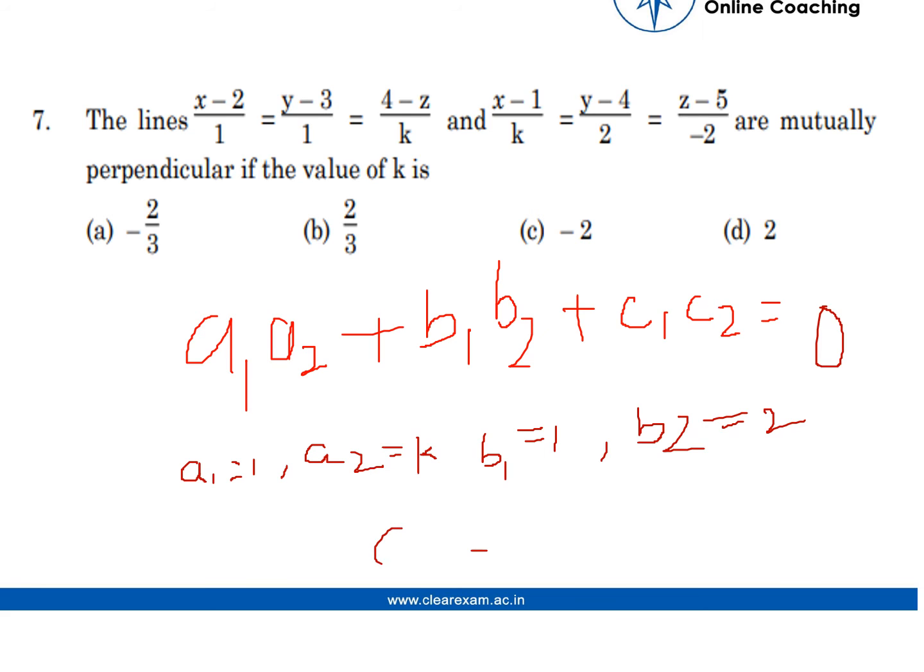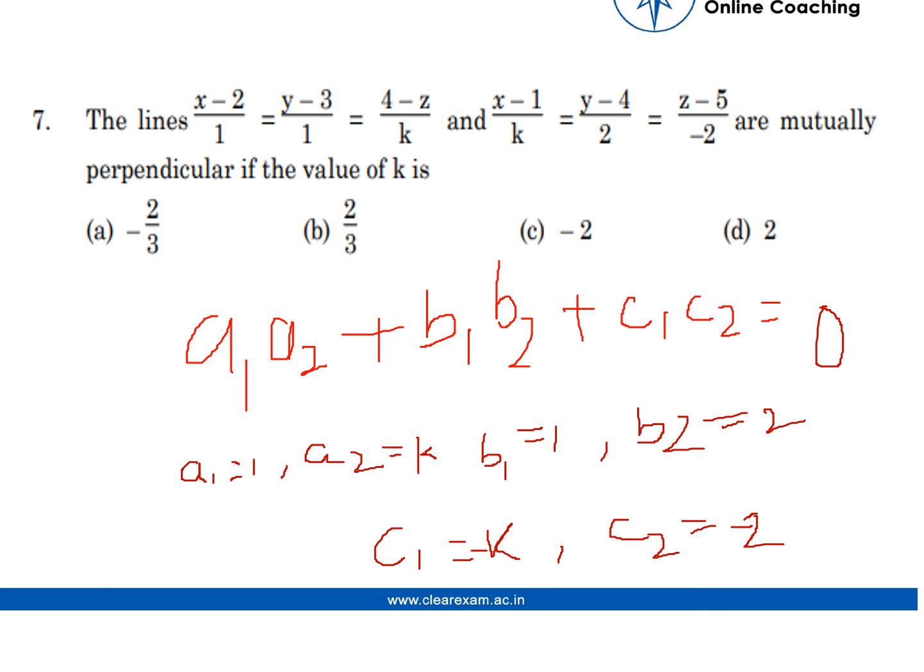Now c1 is equal to k, and c2 is equal to minus 2.